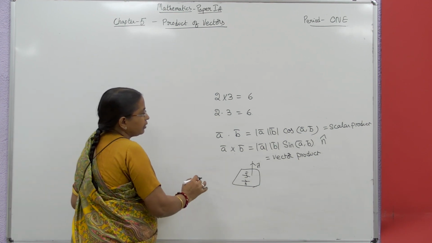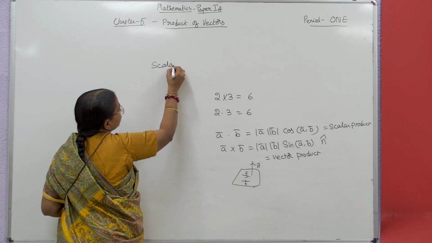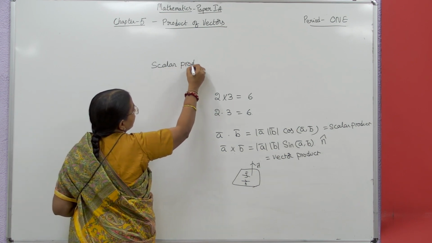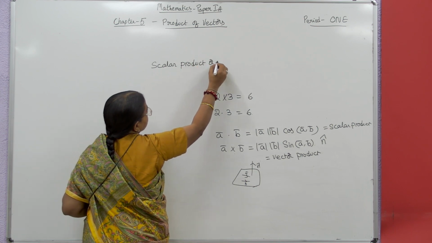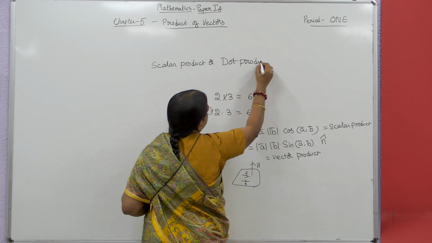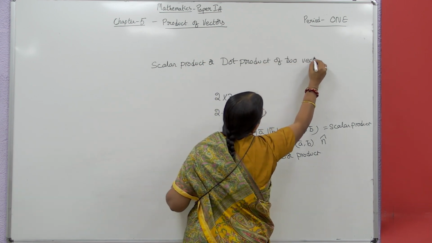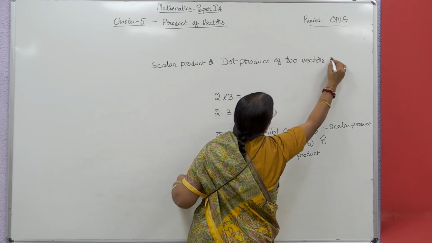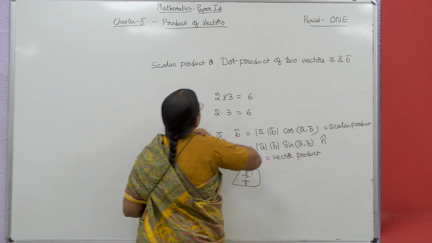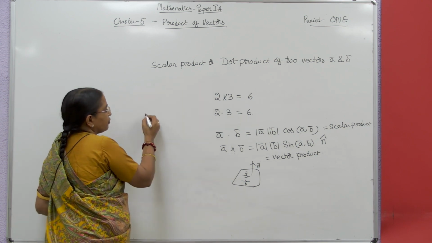In this chapter, you will study the scalar product or dot product of two vectors A and B. And then next you will learn about the vector product of two vectors.